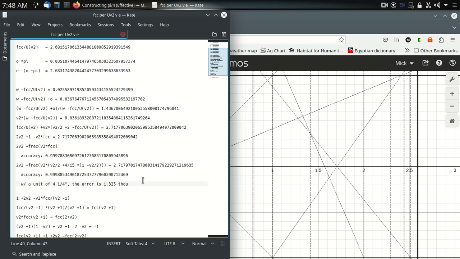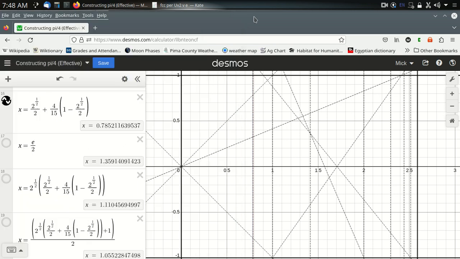We do have the problem that we're going to be working at half scale. So the error is actually twice as bad as this. So it's not as nice as our approximation of the fundamental circle constant, but it is still pretty accurate. Anyway, alright, so here we have laid out our construction for the fundamental circle constant, which is right here.